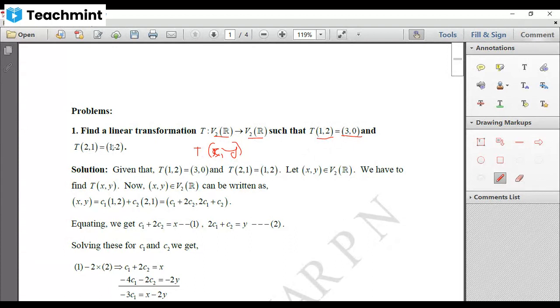Whenever they ask a problem of this form, how to solve it? It's very simple. You consider the elements in a general form for the domain, then express that general element, the generalized form of the element ordered pair x comma y here, as a linear combination of the elements which have images.